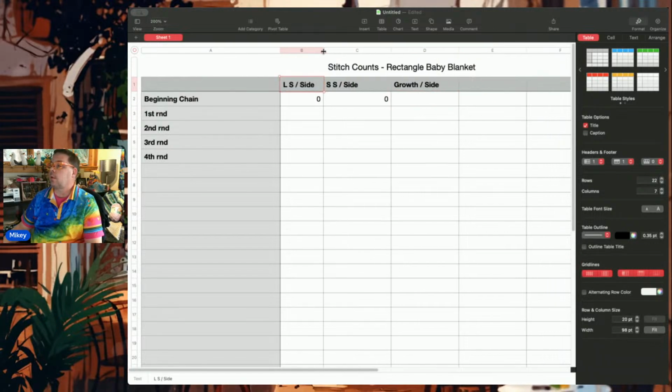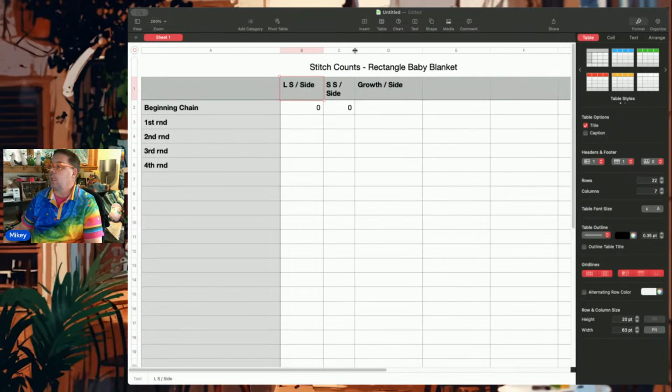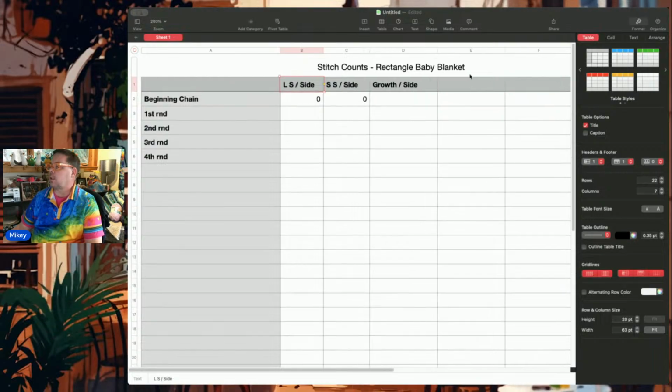And let's just make him a little narrower. And we're going to say the type of stitch, stitch assignment. Because sometimes it's just single crochet, sometimes it's something else. Okay, so we're going to say the beginning chain is 0. The growth side is going to be 0.